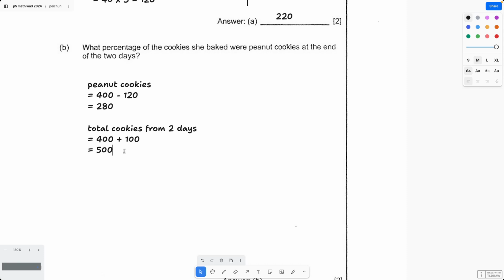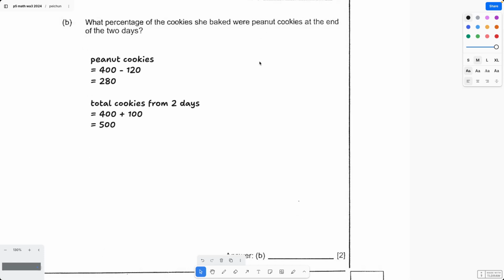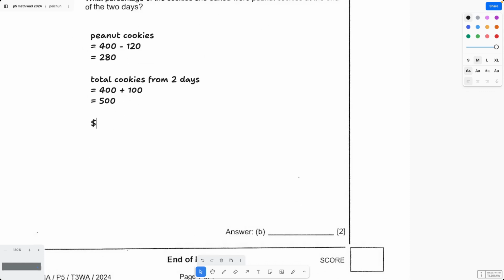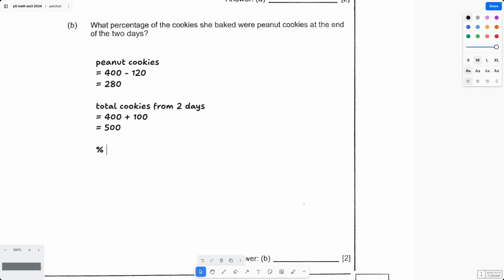And the last one is we want to make it into a percentage. So percent, not dollars, percent of peanut cookies is equal to 280. Then we divide it by total 500, and then we multiply by 100.